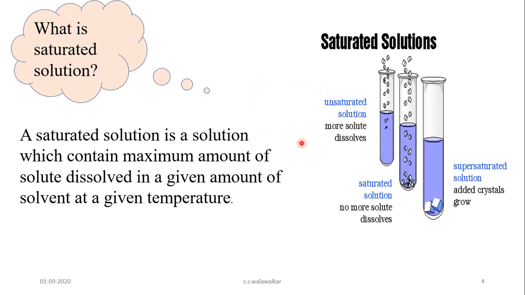But if you go on adding more and more NaCl into it, then at a particular stage the sodium chloride cannot dissolve in the water, and that solution is known as a saturated solution. So a saturated solution means a solution in which no more solute can dissolve at a given temperature in a given amount of solvent.